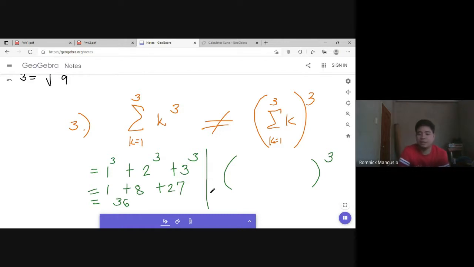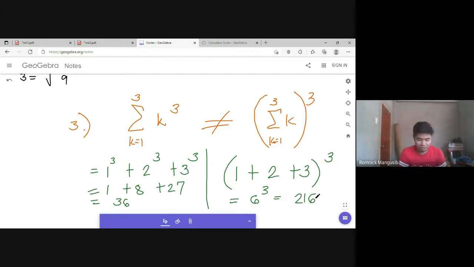So, k starts from 1 to 3. So, 1, 2, 3. So, the answer is 6, cube of 6. So, 6 times 6, 36 times 6, that is 216. Tama ba ako? Okay, correct? So, that is 216.